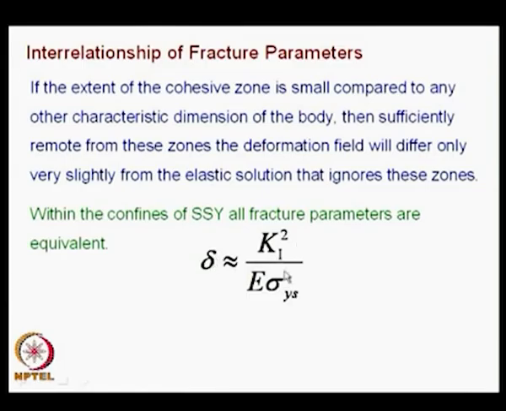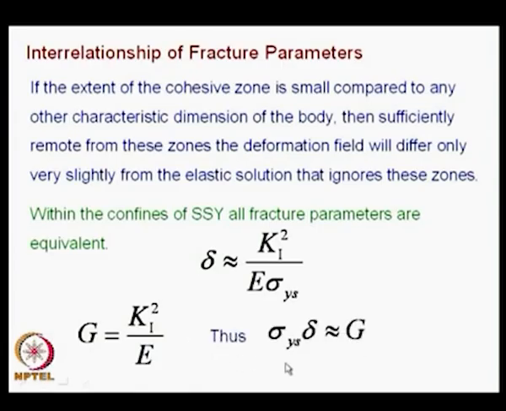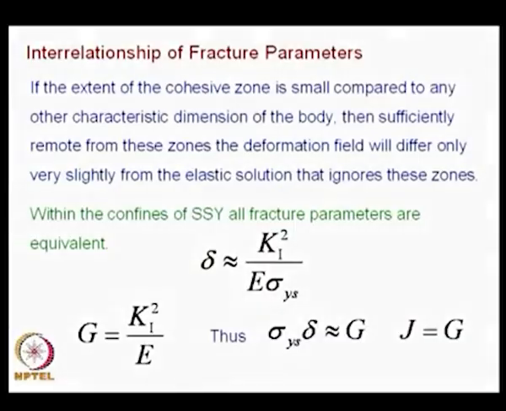CTOD is related to K1 squared divided by E into sigma ys, G is K1 squared by E, and you have sigma ys delta equal to G or equal to J and J equal to G. So, this brings in a set of comfort that within the confines of linear elastic fracture mechanics, all these seemingly different parameters are interrelated. So, that is what is shown in this slide. So, this gives a comfort that we are proceeding in the right direction.